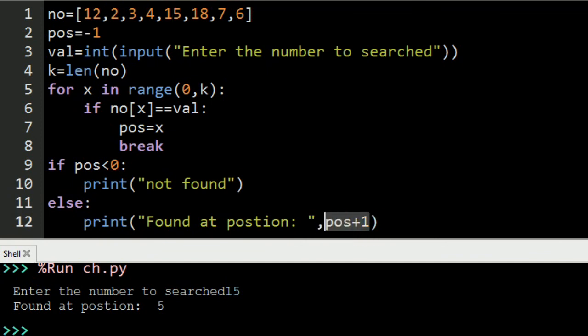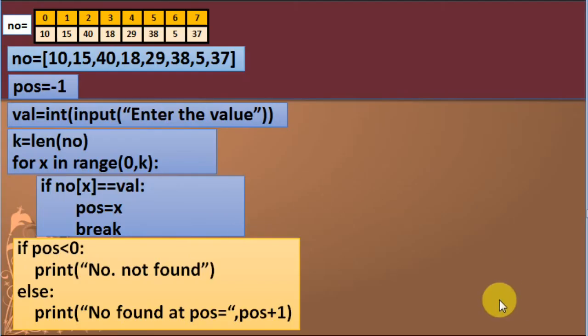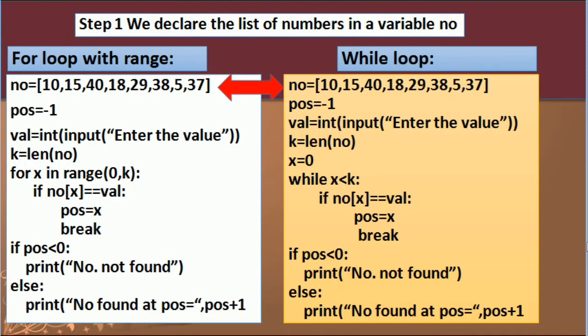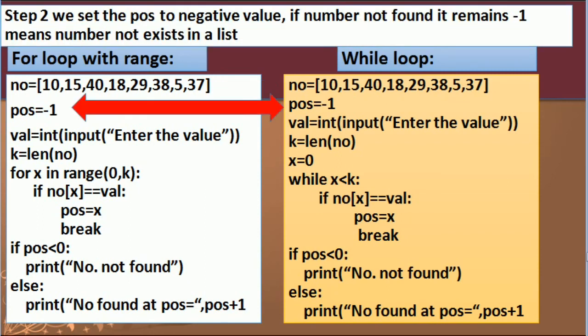Now if we move to the presentation, here I have also written all the steps in one program. If you go through that, here it is. In both the cases, you can use a for loop or a while loop. Step 1 in both the cases is the same. Next step, declare pos to store the negative value.